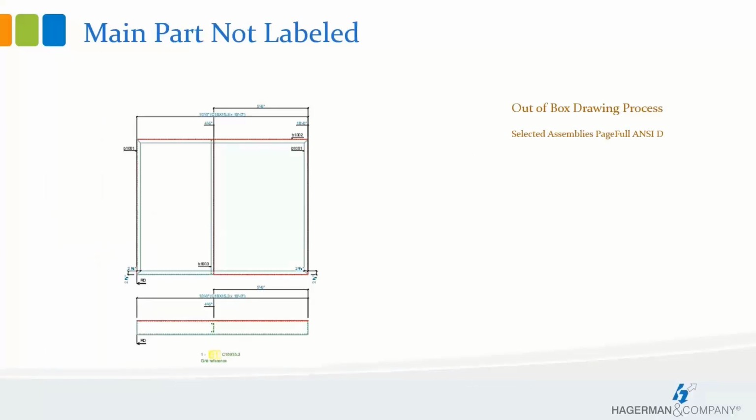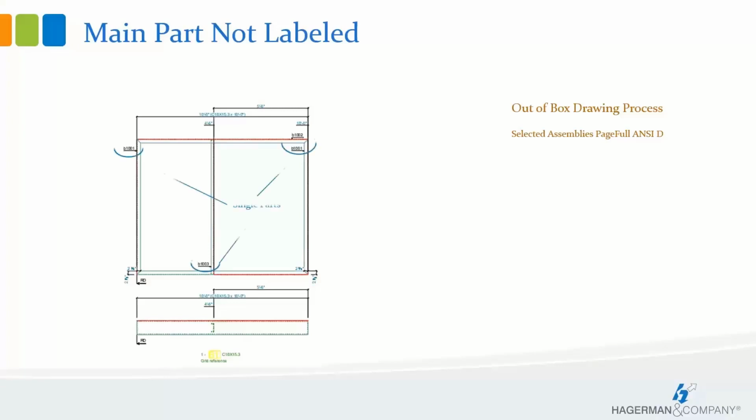So let's take a closer look at the views that are on that particular drawing. It does have some labels. It's got some dimensions. It's got a view title. Graphics look okay. But there's one item that was not labeled, and it happens to be the main part in this assembly.